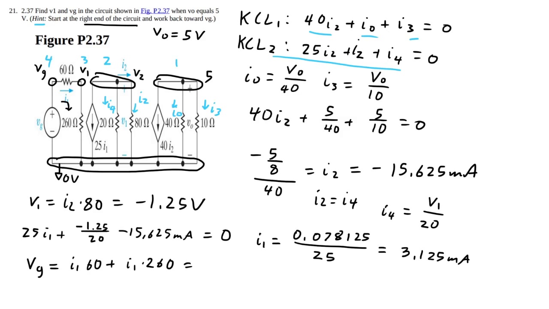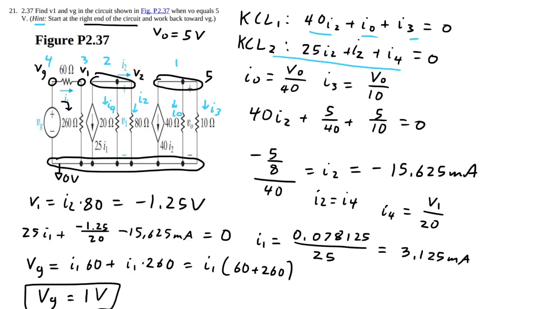I can factor that out. So I1 times 60 plus 260. So I believe that's 320. So 320 times 3.125 times 10 to the minus 3. That means that VG equals 1 volt.